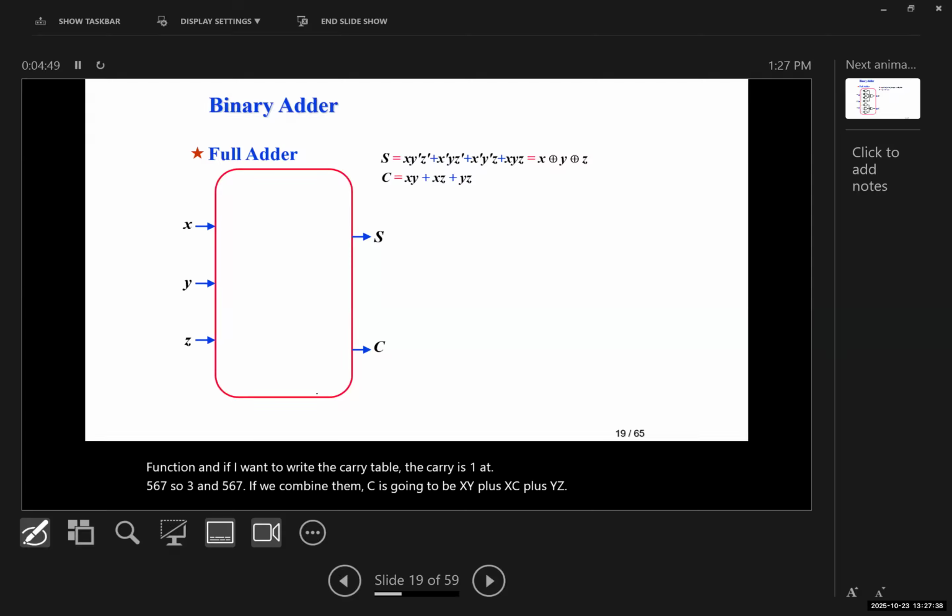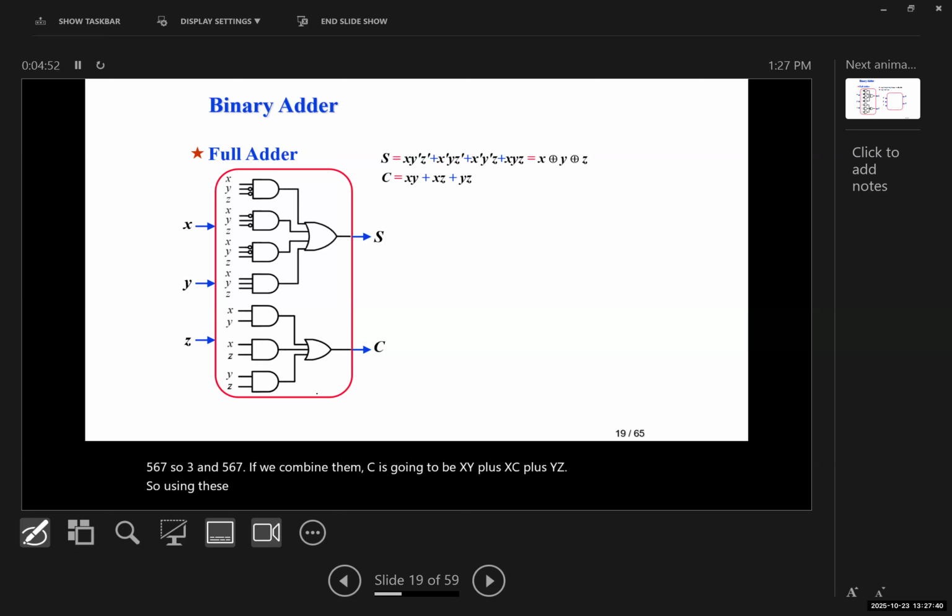So using these 2 functions, we can build its logic circuit, and this is how it's going to look like. And for the sum, we have 4 AND gates and 1 OR gate.